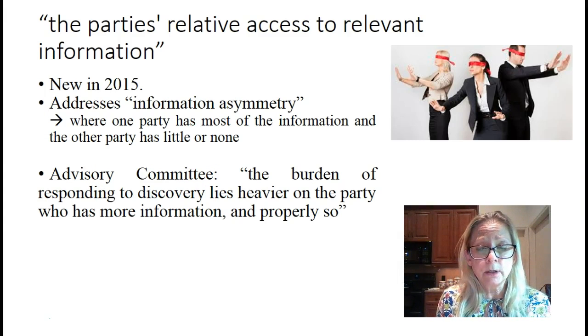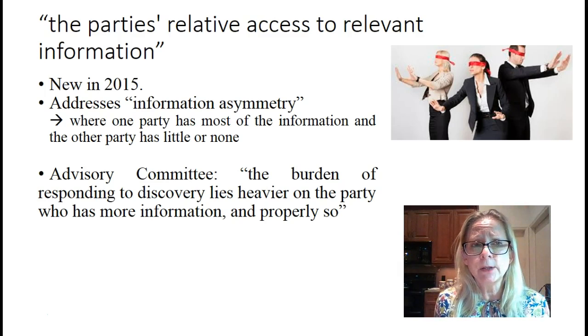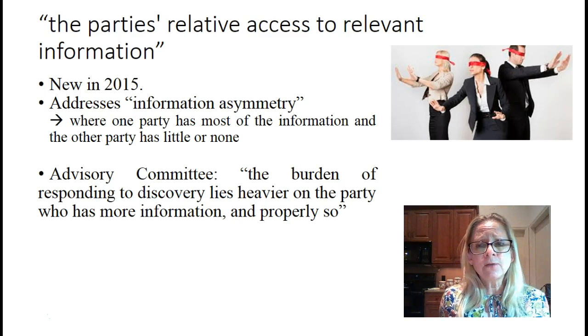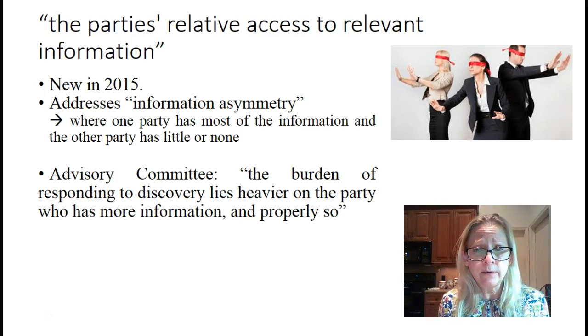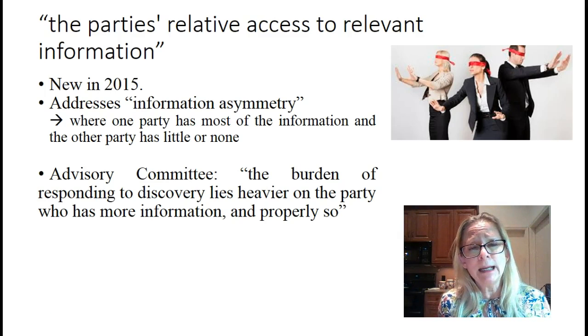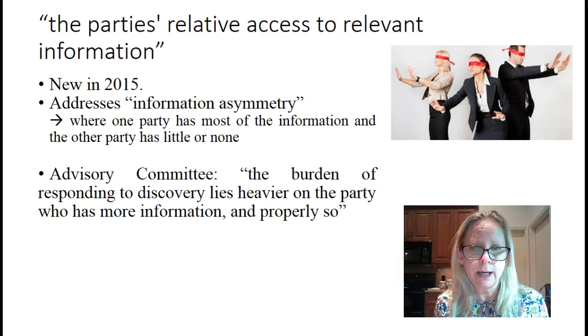The third factor that the court should consider is the parties' relative access to relevant information. And this factor was new in 2015. This was not in the rules earlier. What this goes to is what civil procedure buffs have come to call cases involving information asymmetry.